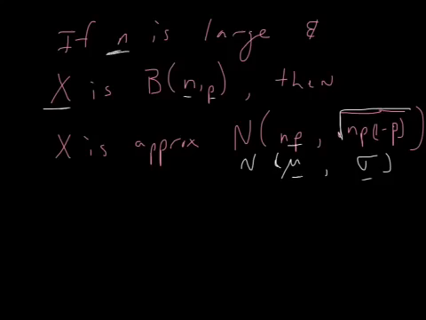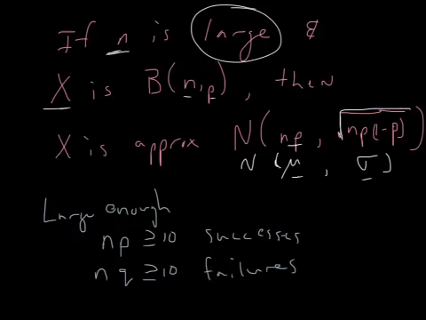What's the one additional check? What's large? Large enough is denoted by N times P, our expected number of successes, because P is the rate or proportion of success.